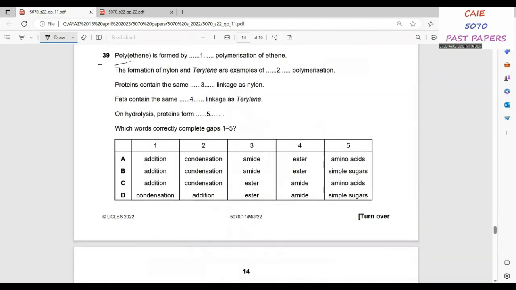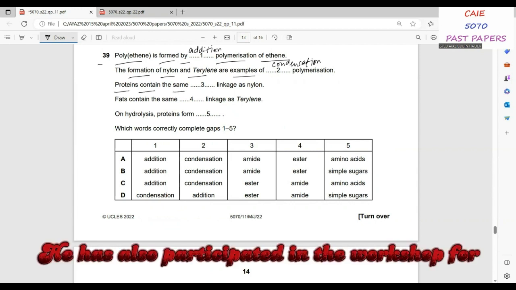39. Polyethylene is formed by dash polymerization of ethene. One must be addition. The formation of nylon and terylene are examples of condensation polymerization because both involve the release of a simple molecule like water. Proteins contain the same amide linkage as nylon.